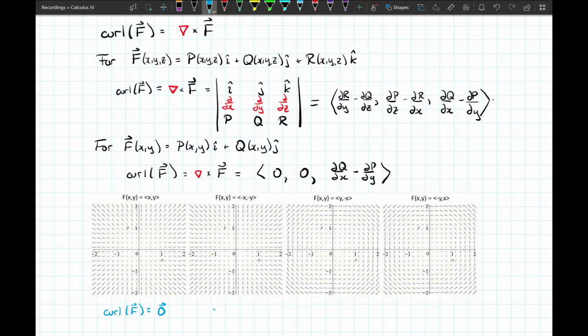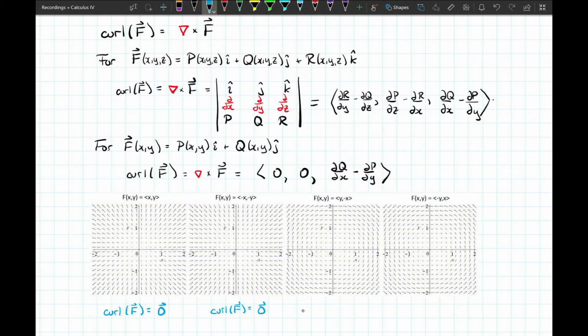Very similarly, in our second example, calculating curl of f is also going to be equal to 0. The partial derivative of negative y with respect to x is 0, minus the partial derivative of negative x with respect to y, that's also 0. But moving on to these other 2 examples, we have y's and x's in opposite components.